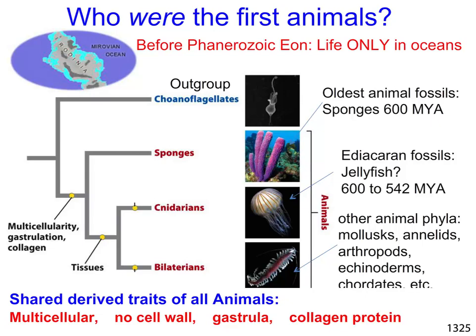Okay, and we know that all animals are multicellular. We don't have cell walls. They have a gastrula. They have collagen proteins. We also know that choanoflagellates are the link to the first multicelled critters, which of course then would come about the sponges, and then from that true tissues would evolve, and then we would have our cnidarians, and then eventually our bilaterans, which just means that if you split those critters down the middle, you can only do it once in order to have mirror images, and humans are a really good example of this.